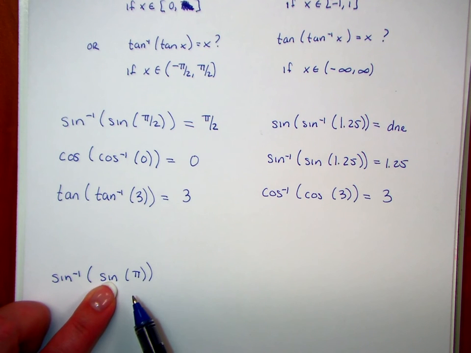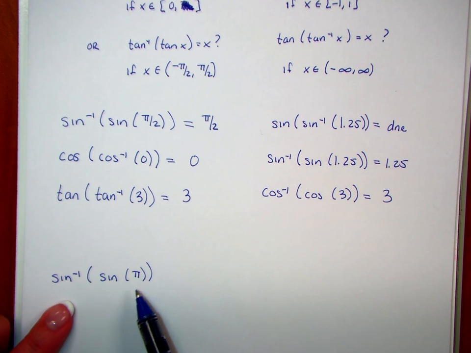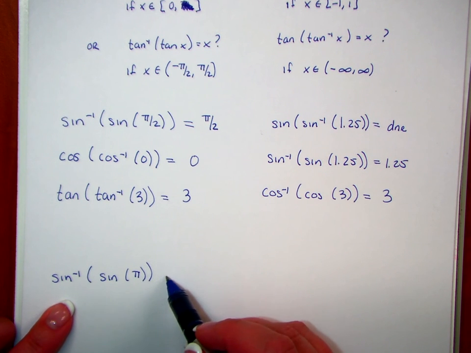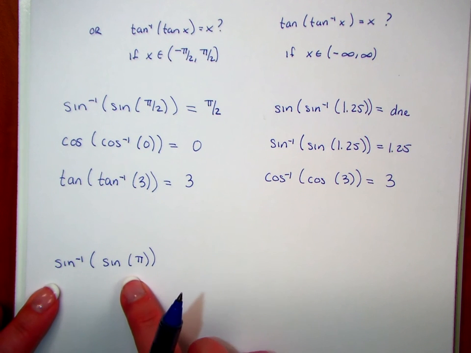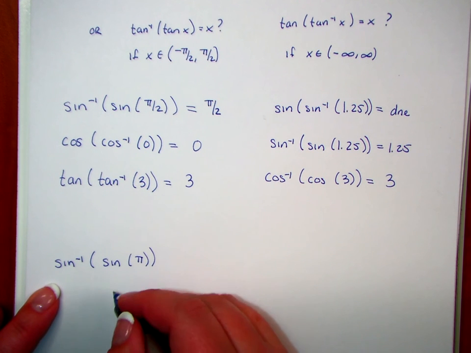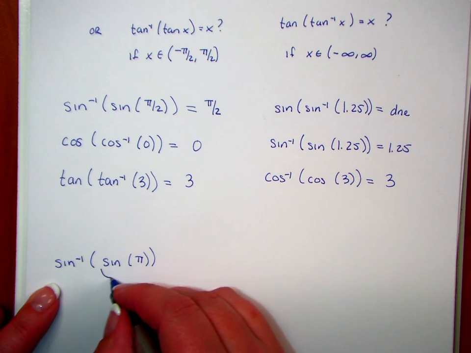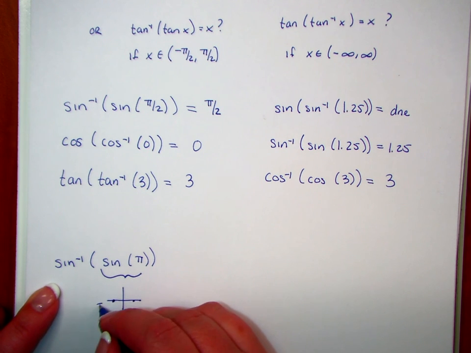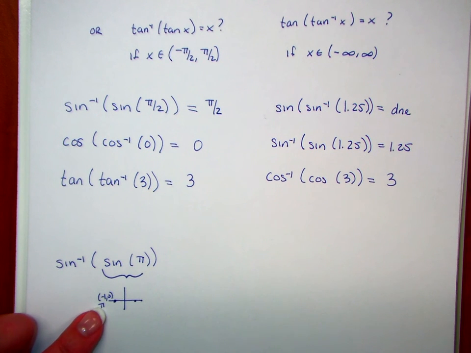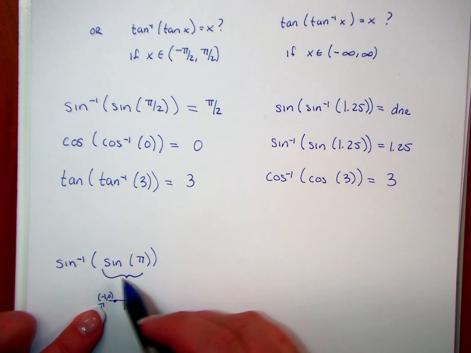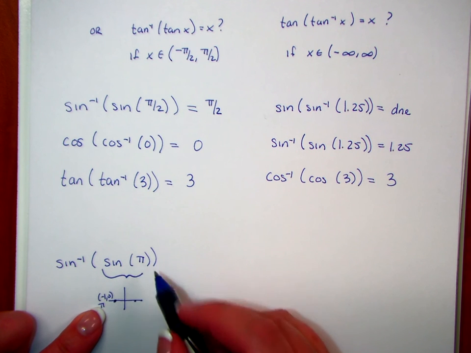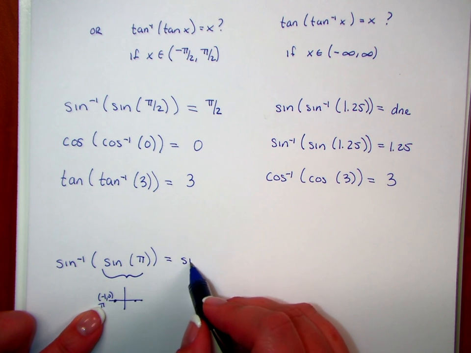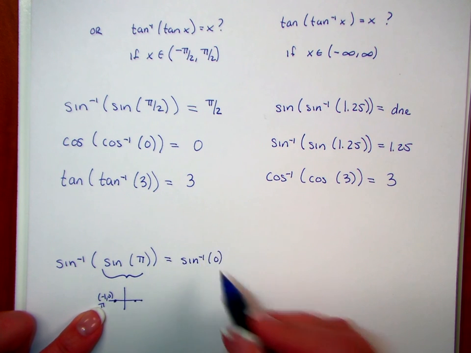So this is not in the restricted domain. We can't just say the answer does not exist here, because sine of pi does indeed exist. If I calculate just sine of pi, on a little unit circle, pi is over here, at negative 1 comma 0. So sine of pi is 0, and I'm going to rewrite this as sine inverse of 0.